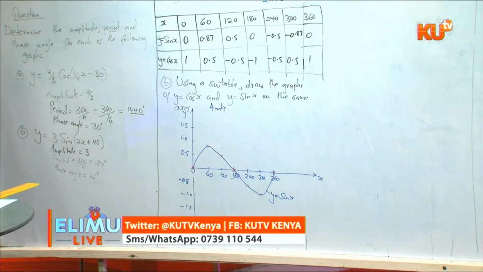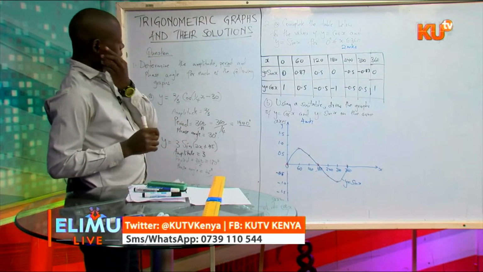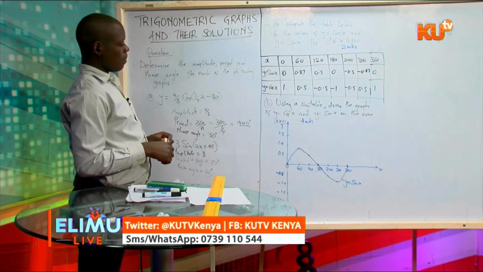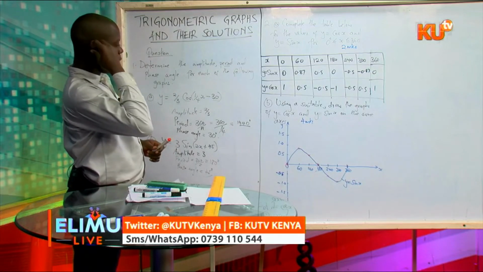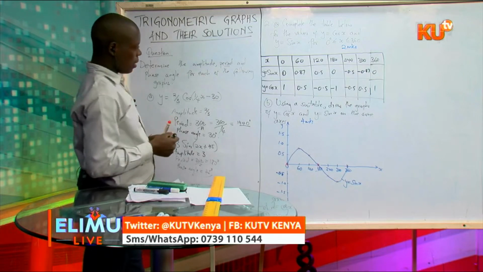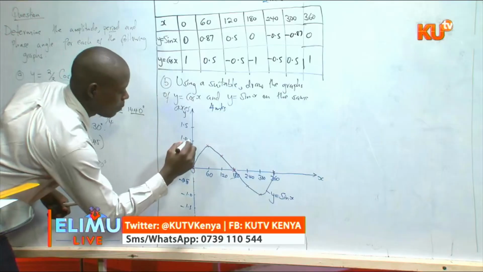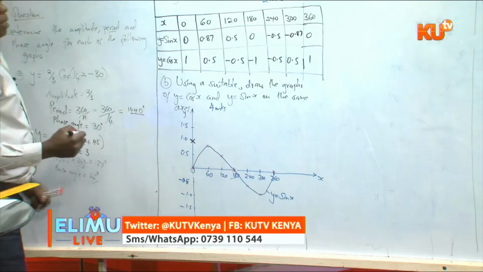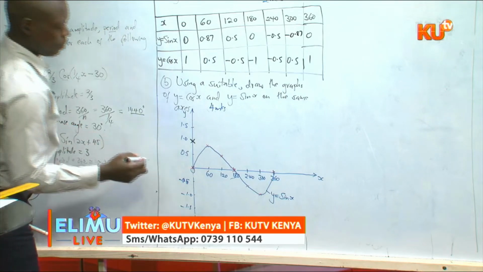I hope you've drawn, my students, and it should be better than what you can see. We draw the second graph because we've been told to draw the graph on the same axis. Again, we mark the points for y is equals to cos x. When x is 0, y is 1. When it is 60, 0.5.